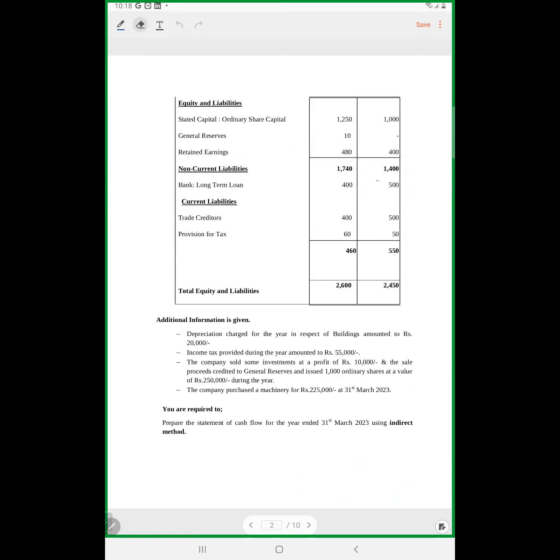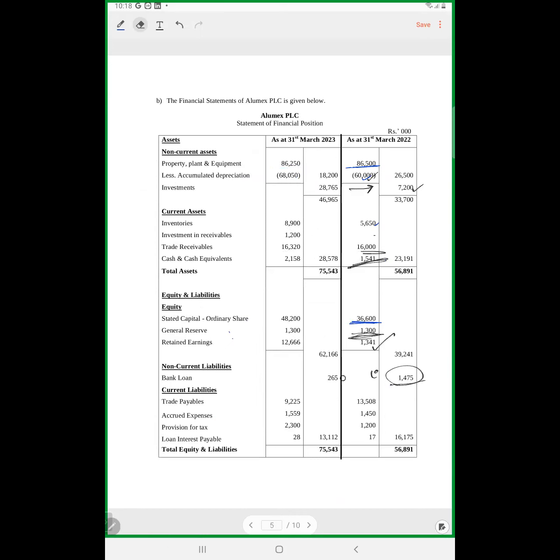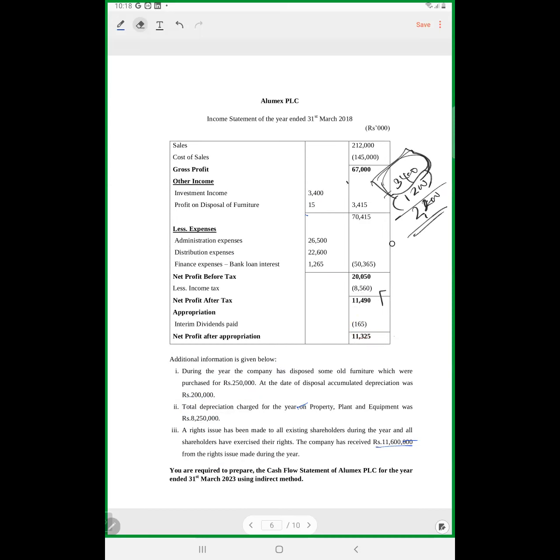This one is the last past paper question, and this one is again a past paper question. So you can say they are really not difficult to do. Right, so I will upload the tutorial after the calculation. You can refer to it. Meantime, if you have any question, you can ask.